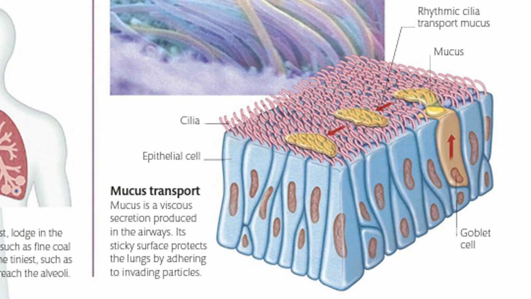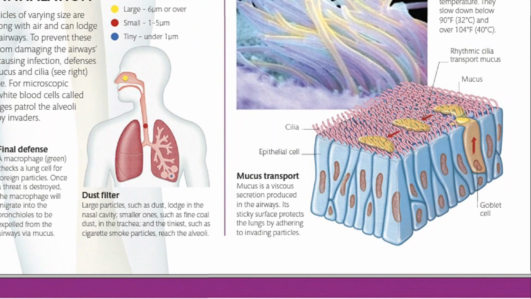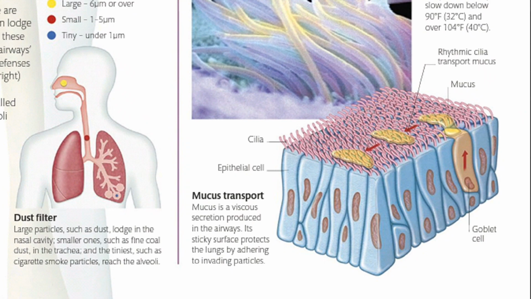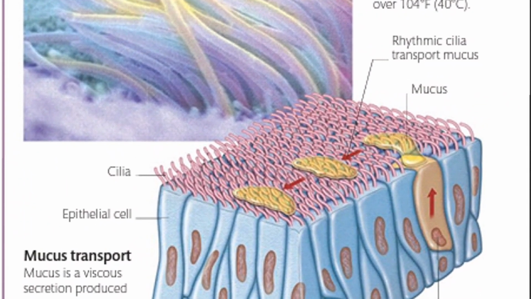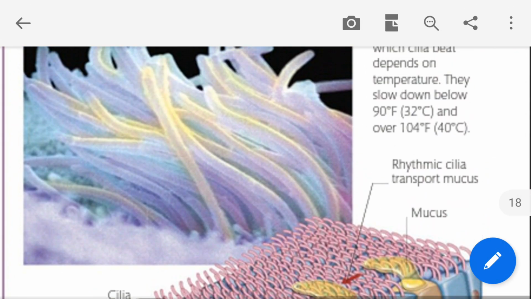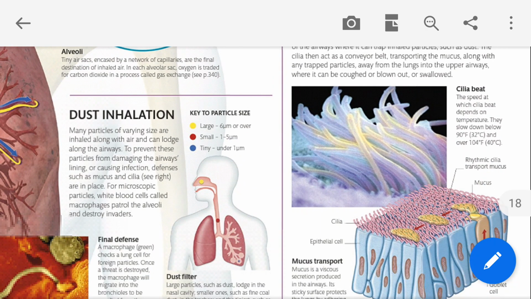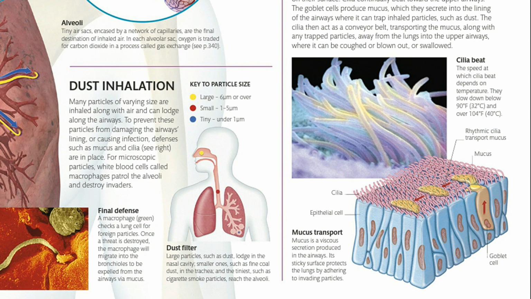So the dust particles, the coal dust or the cigarette smoke particles stick to this mucus. And the cilia are continuously beating, so the cilia push this mucus, which has the dust particles and other things, towards the pharynx.